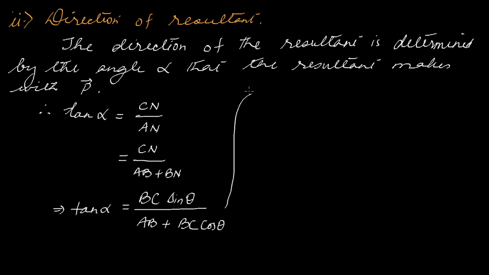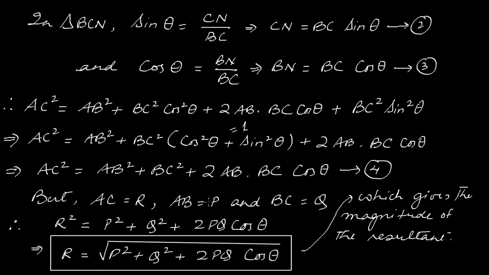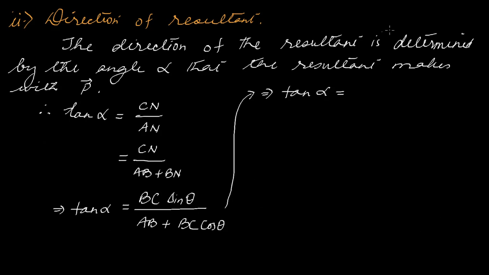So tan alpha. But what is BC? Again, BC is Q, AB is P. So you have Q sine theta by P plus Q cos theta.